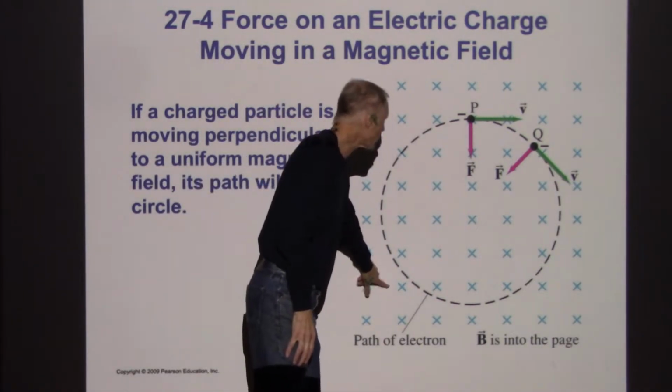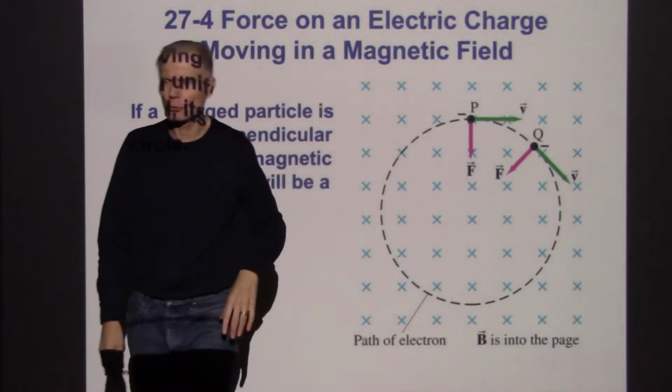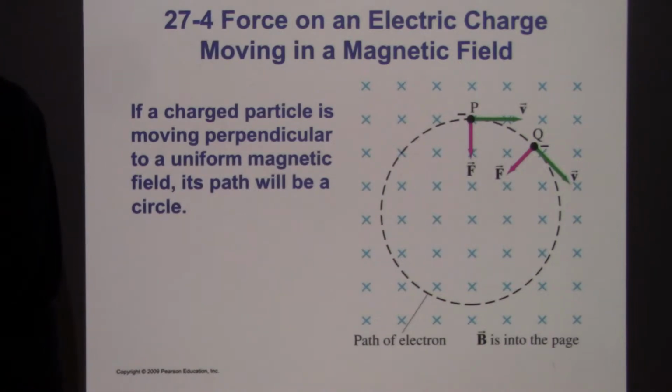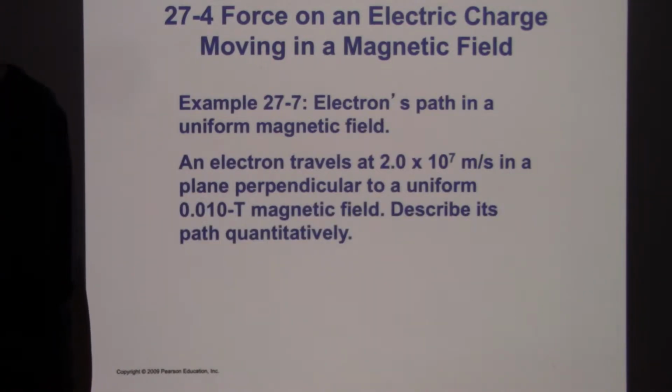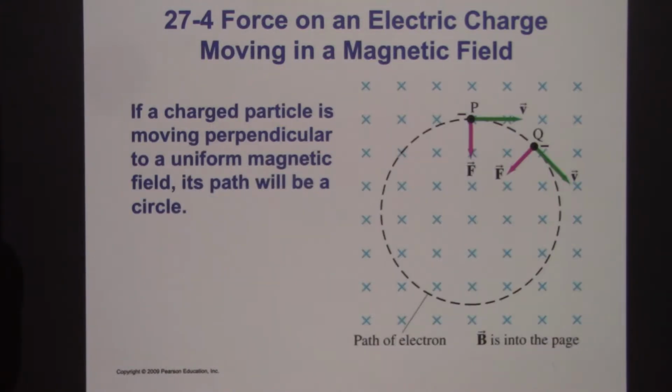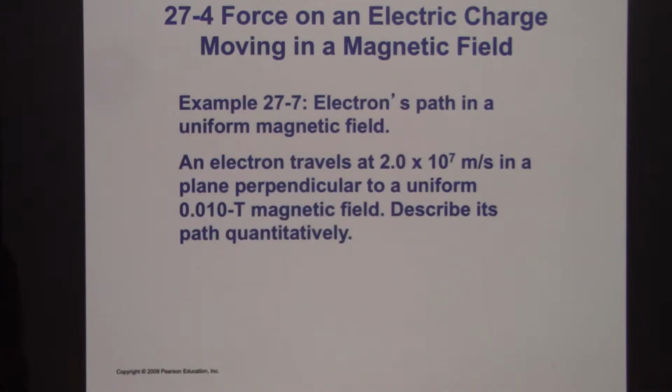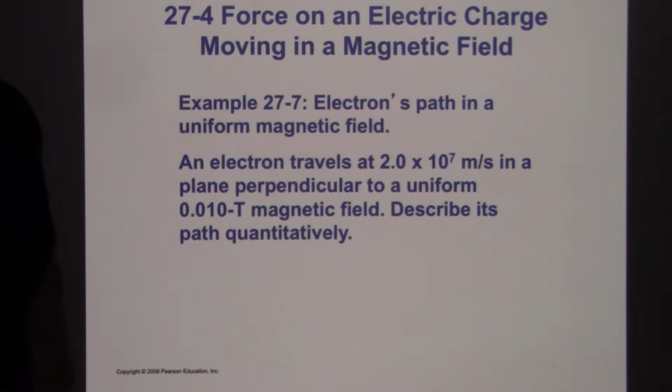So it is an electron. That's going to tell us what the charge is. Okay, here we go. Electron's path in a uniform magnetic field. So they're saying that the electron speed, this was the picture, the electron speed is going to be 20 million meters per second, and the magnetic field is going to be just 1/100th of a Tesla, not very much.